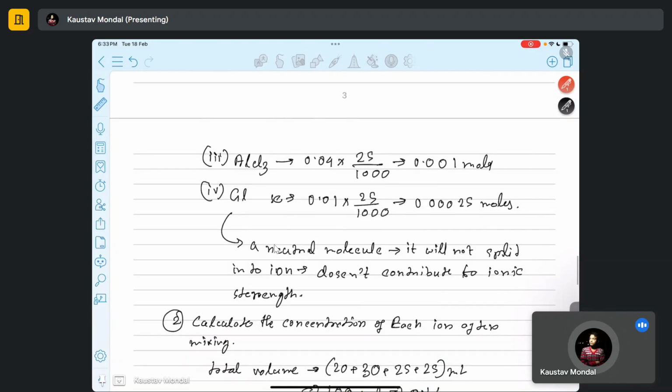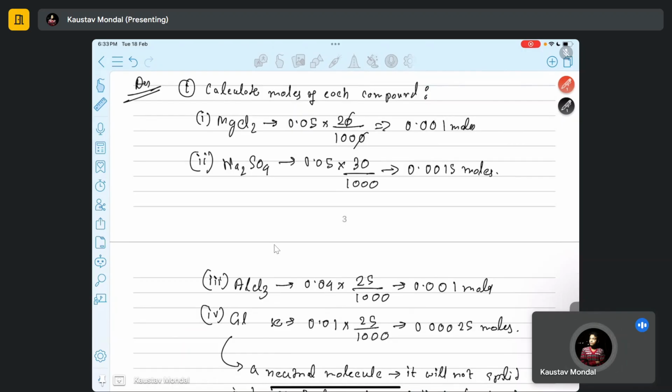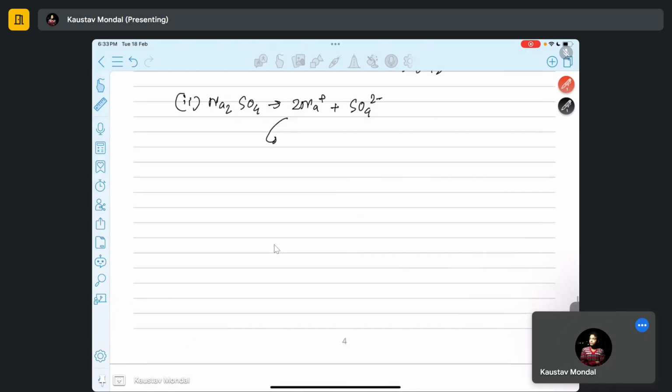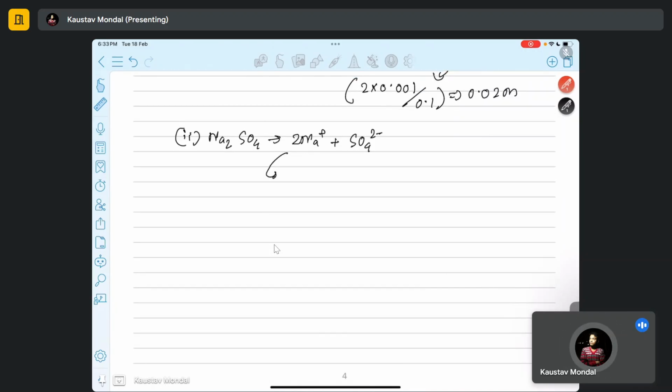For sodium it is 0.0015 moles. For each mole of Na2SO4 there will be 2 moles of Na+, right? So that means 2 into 0.0015 by 0.1.